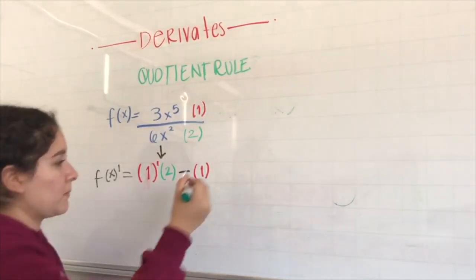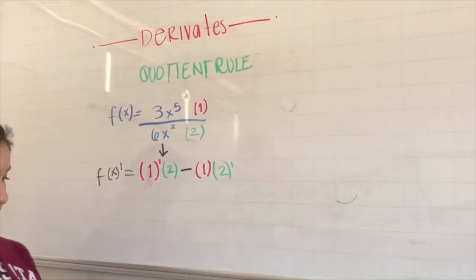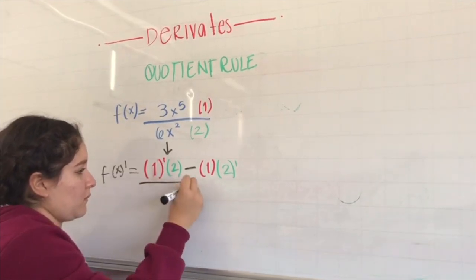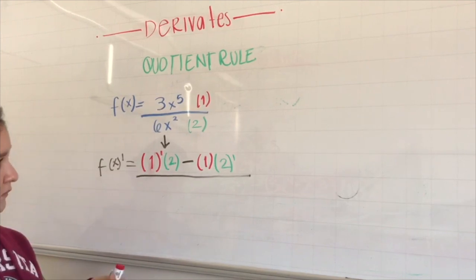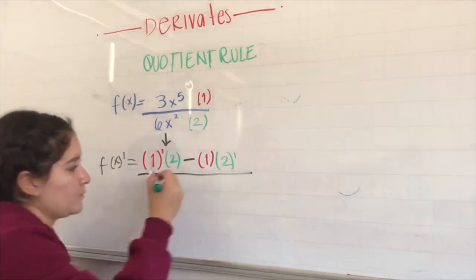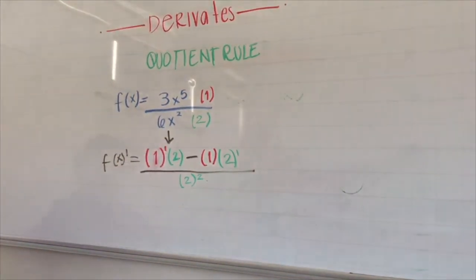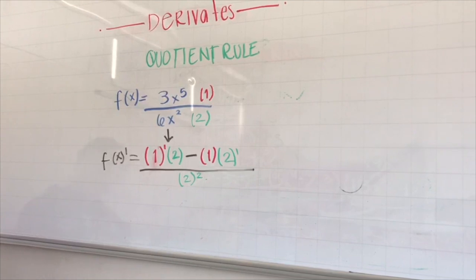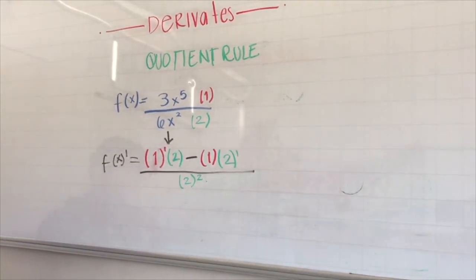As you can see, it is pretty much the same as the product rule, but with a subtraction. But here you're going to divide it again by the second one squared. So in this case it's going to be 6x squared, but that number is going to be inside a square. So here we can see how the formula works, and now we're going to show you how the numbers work. So pay attention.